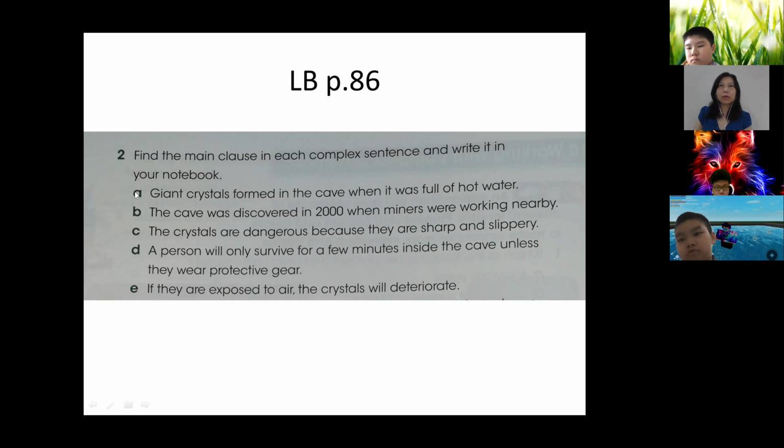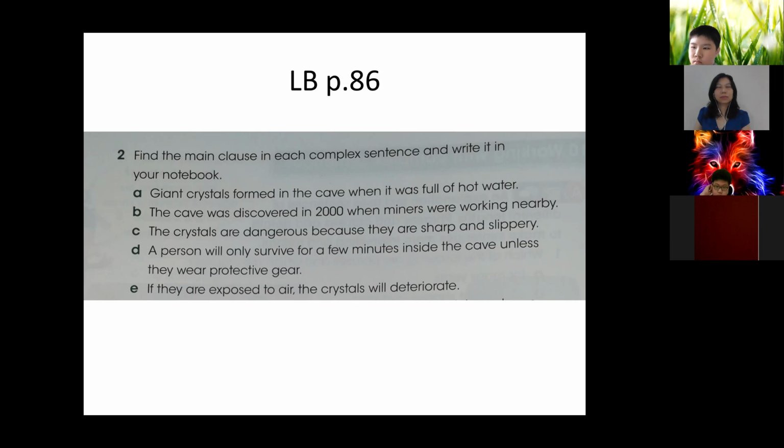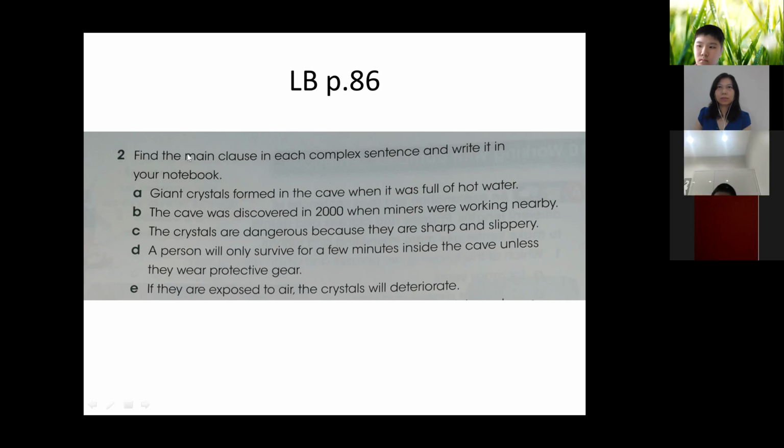Do you remember? Do you understand, or do you still need me to explain more? Should I explain again, children? Giant crystals form in the cave.